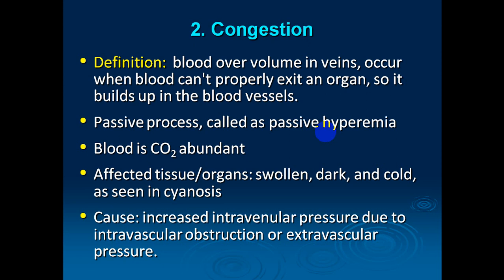For example, in the case of increased intravenular pressures due to obstructions, and also if there is an increase in the extracellular area pressure, for example, there are excess volumes of fluid.